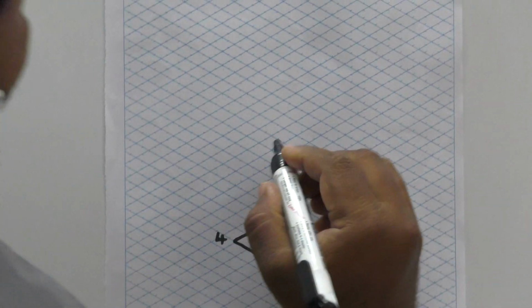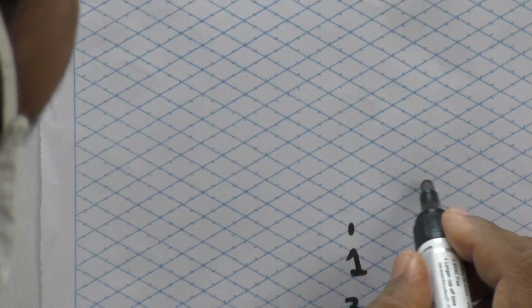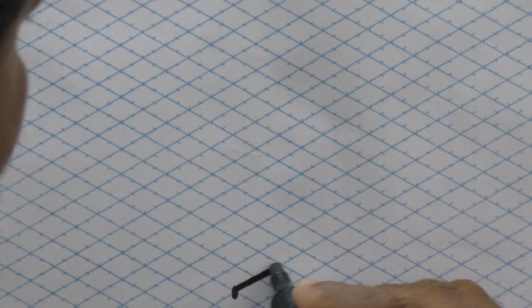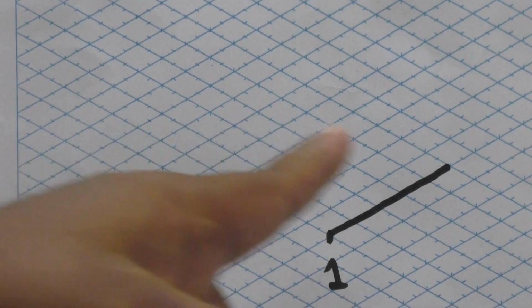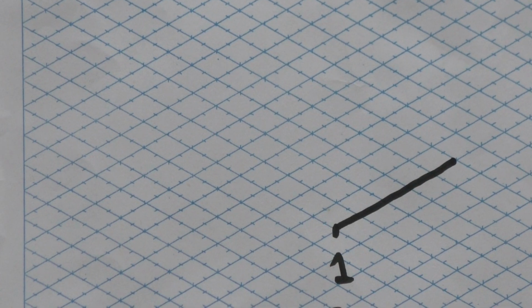Take that value, 50 millimeters, on the isometric scale. So 1, 2, 3, 4, 5. This is 5 units, that means 50 millimeters. You have to draw the dimension of 1 to 2 on the isometric sheet.